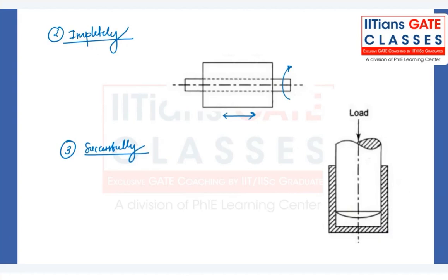So for example, let's take the example of the IC engine, which we have studied in the previous slide. In the IC engine, we have a piston cylinder arrangement, right? The piston is able to rotate as well as translate, but in the IC engine, it will not rotate, it will just translate within the cylinder, right?